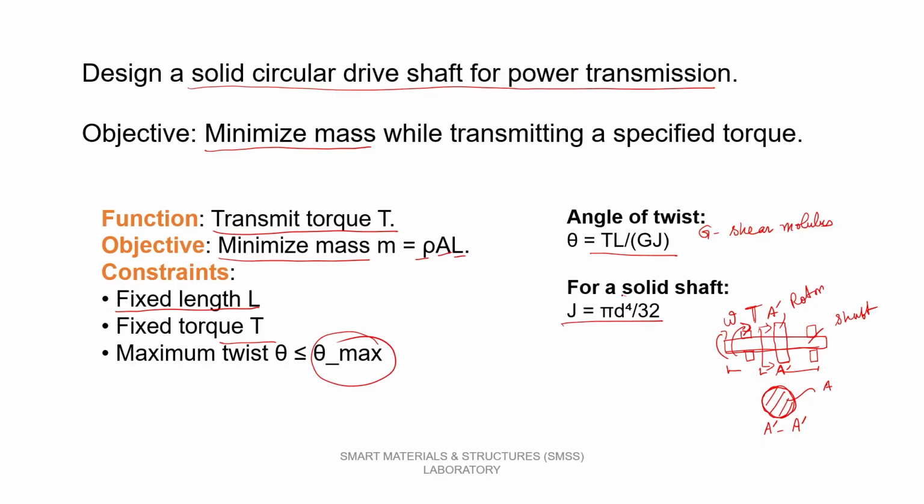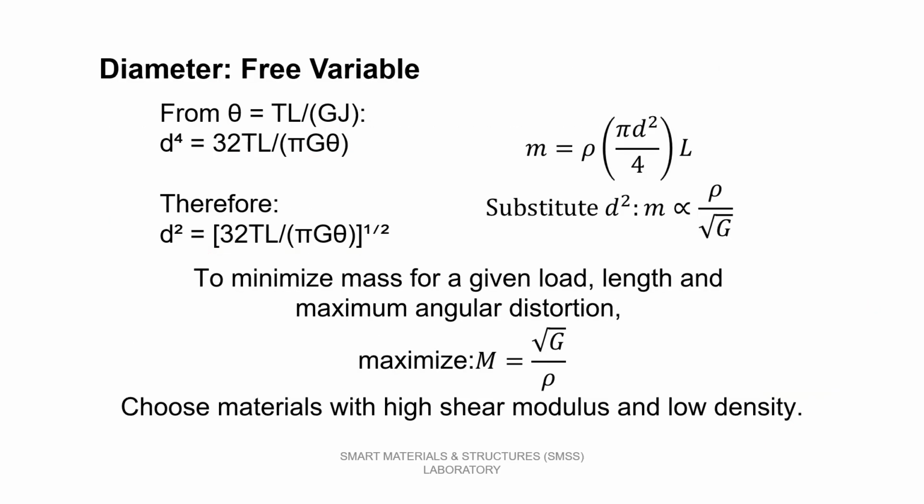Whether it is going to have a diameter d1 or d2, we are free to vary that diameter, as long as it is going to sustain that torque and that twist is within that limit. Okay. And also as long as it remains a solid shaft. You see, I have not considered the hollow shaft or a shaft of some other geometry, which I will talk about later. So, now diameter is chosen as the free variable, as I told you, right.